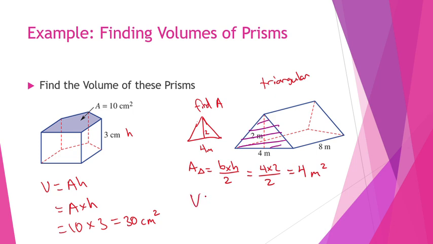And now to find the volume, I just do A times H, with this being the official H right there. So it becomes 4 times 8, which equals 32 meters cubed.